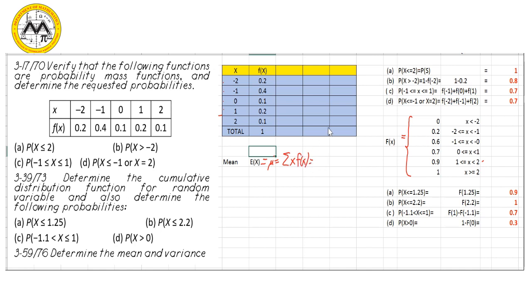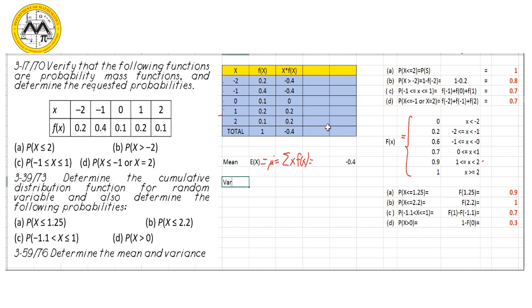So what we're going to do is to multiply all x's by f of x. So we do that for all values of x's and f of x's, and then we take the sum. So adding this up, we can have the mean to be equal to negative 0.4.